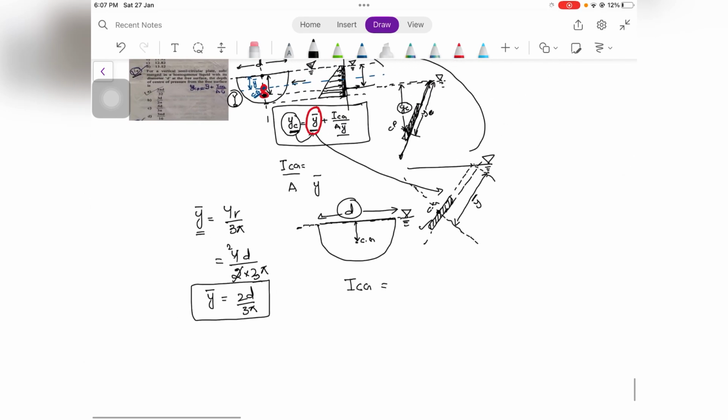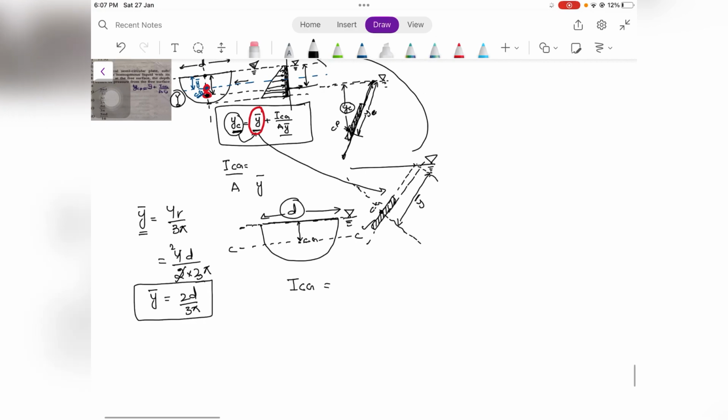All right, that is the moment of inertia about an axis passing through the center of gravity of this semicircular plate.